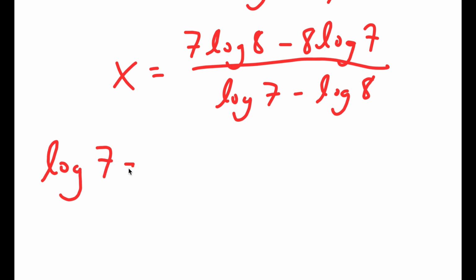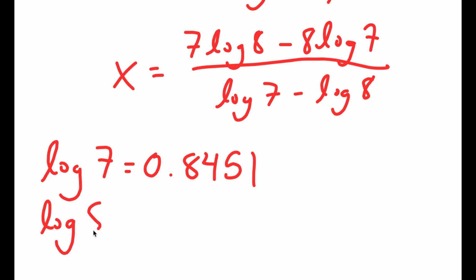So log 7 is equal to 0.8451. And log of 8 is equal to 0.9031.